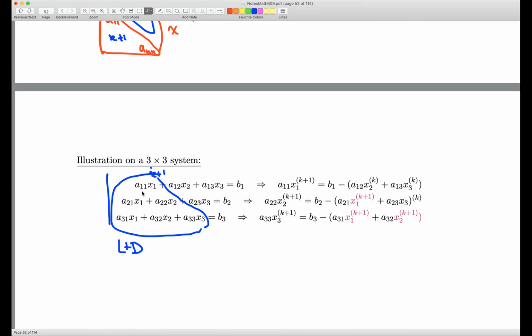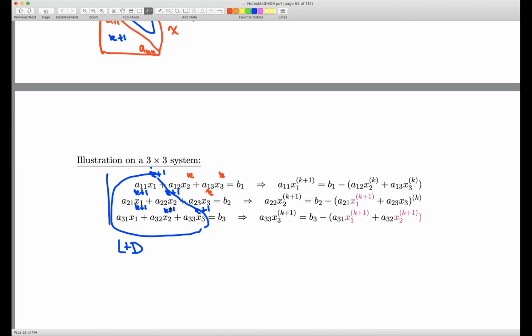All the x's that are multiplied by the a's that are elements in L plus D will have an index k plus 1. Everything that is multiplied by entries of the matrix that are strictly above the main diagonal will have an index k. So here, this will have an index k.